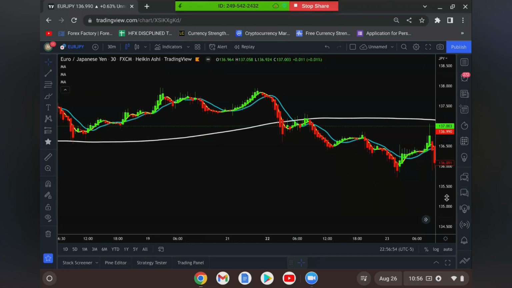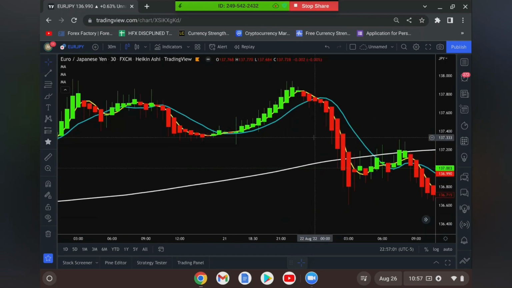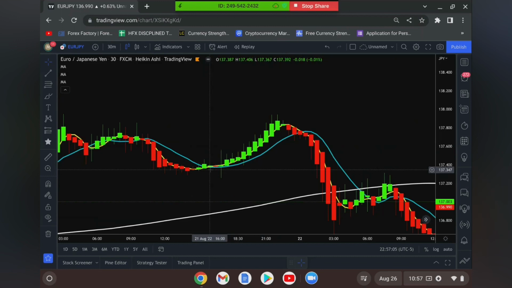Let me zoom in so you can see exactly what I'm talking about. When you see the yellow cross above the blue, that is a buy signal, okay? And vice versa, when you see the yellow cross below the blue, that is a sell signal.